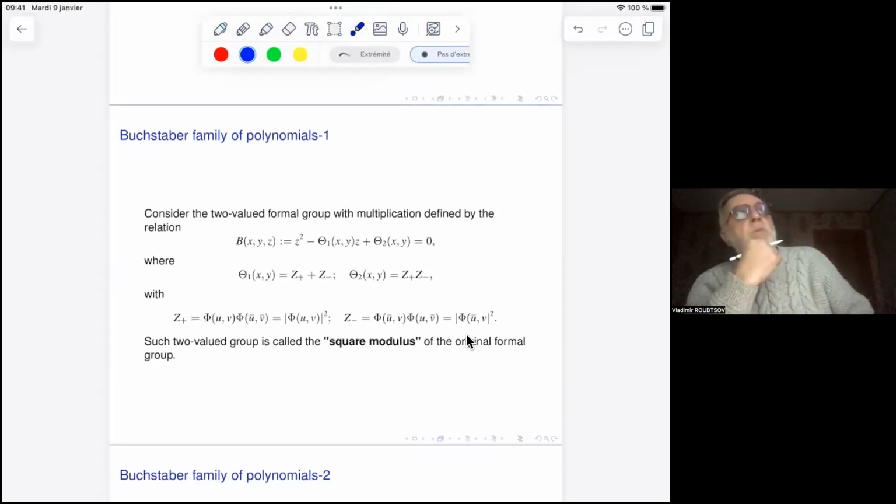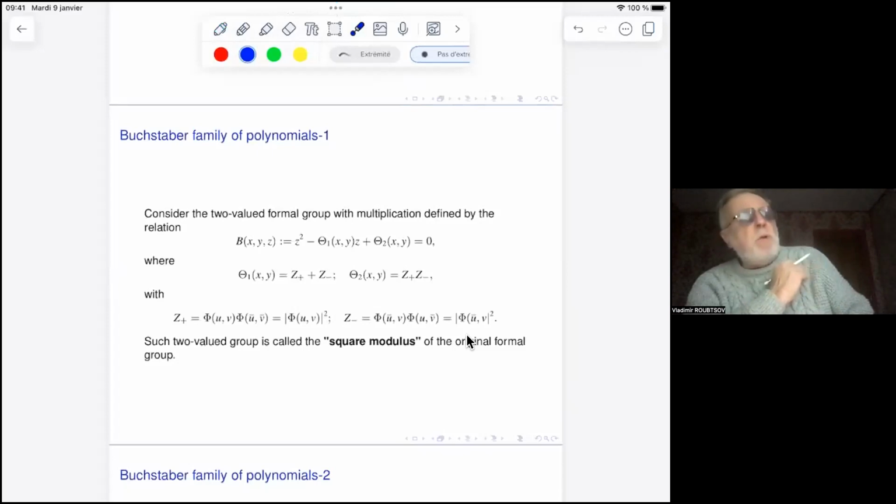But the theory of formal groups, before that, was a part of number theory and algebraic geometry. It was used by the French school in works of Lazard. And in the United States, it was Dwork, and in Japan, it was Honda, who studied formal groups. And of course, number theory people used it very, very widely.